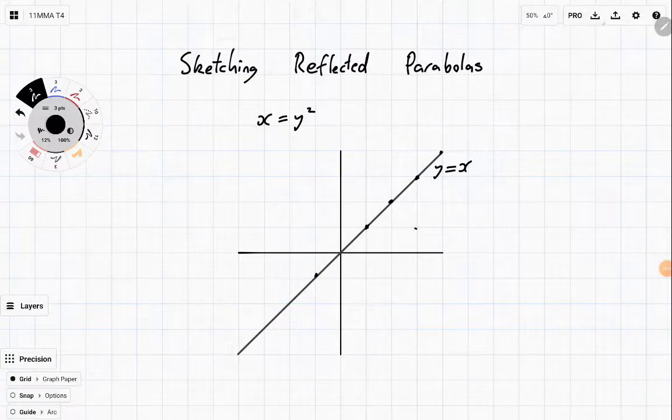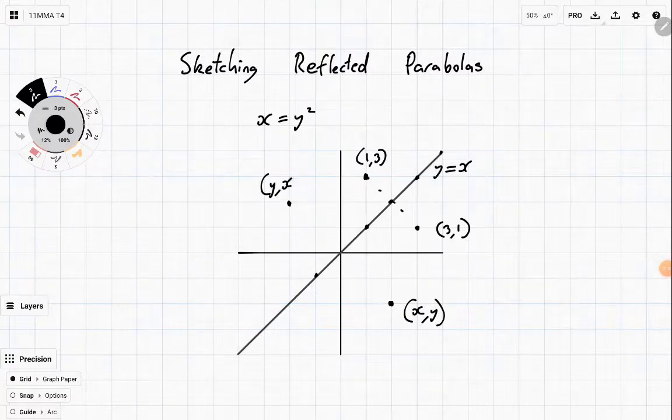So if I have the point (3, 1), how do I reflect it? Well, it gets transmitted over to here, which becomes (1, 3). So basically, for any given point (x, y), the reflection of it is going to be (y, x).